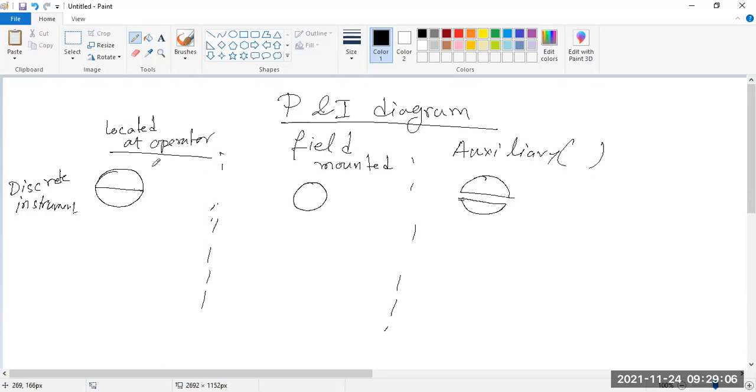Okay, so if any instrument's position is in this area, then you have to mention it in this way. It is shared display and shared control.